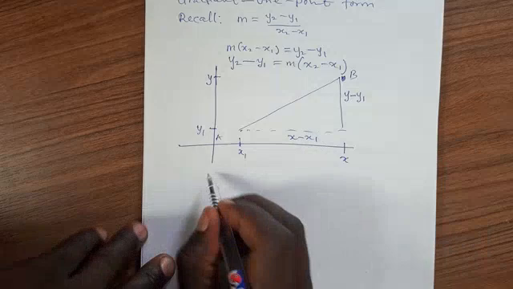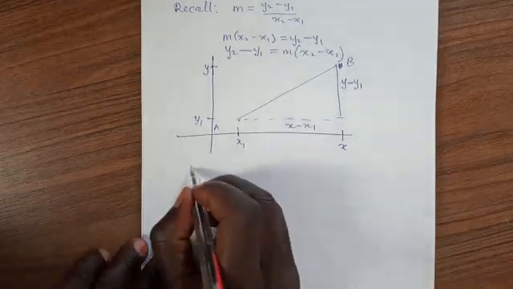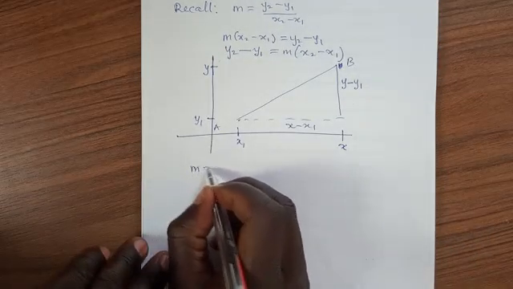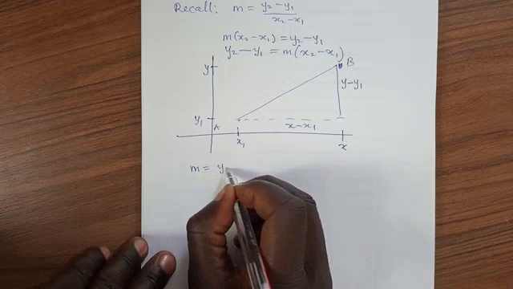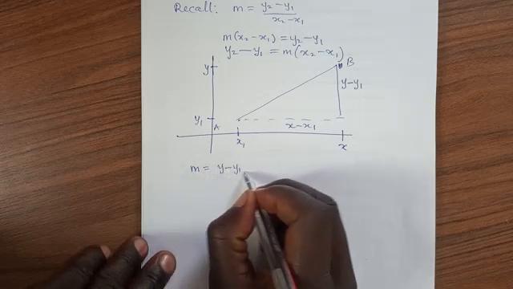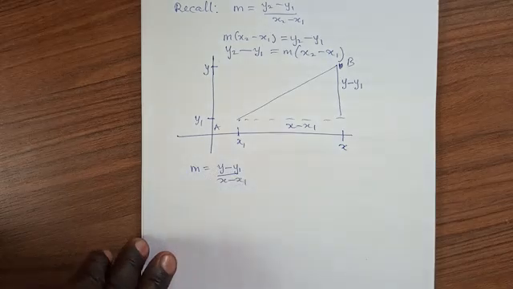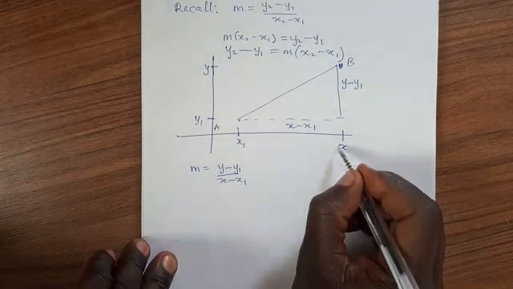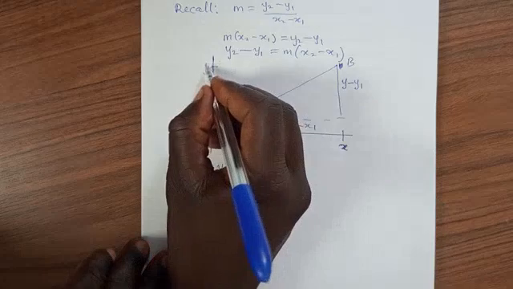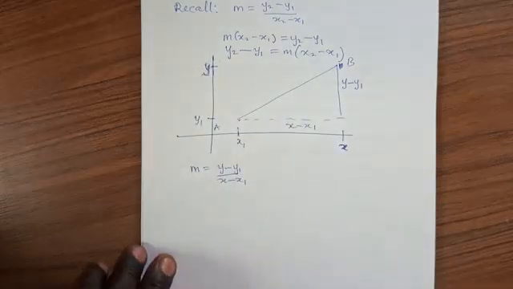Now, the gradient of this straight line becomes m is equal to y minus y1 over x minus x1, because the point x and y as the second point are arbitrary.